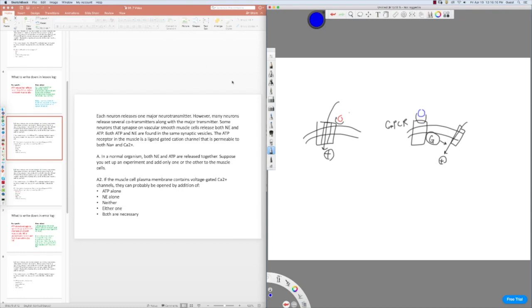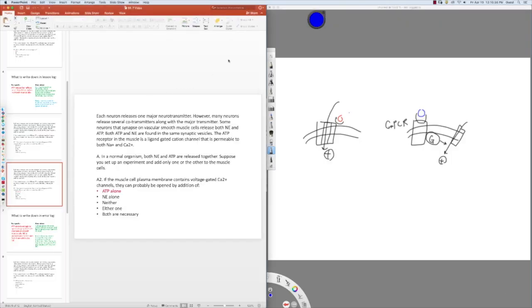Looking at the effects of both the NE receptor and the ATP receptor, in both cases cations are going to rush in, or there's going to be some form of membrane voltage change. So I'm thinking that either one can cause the necessary voltage change to open up this voltage-gated Ca2+ channel on the plasma membrane.